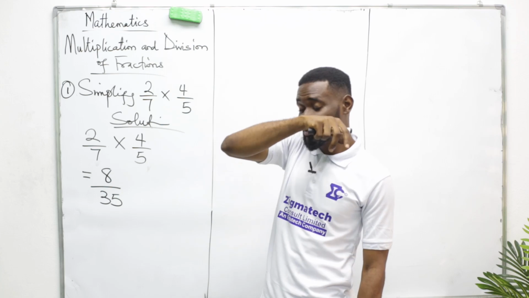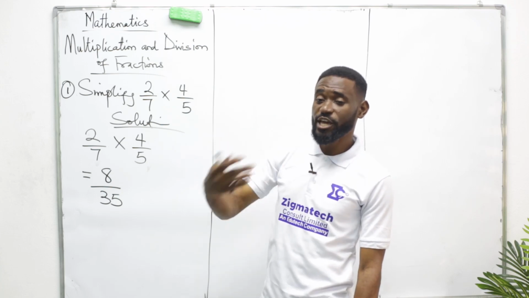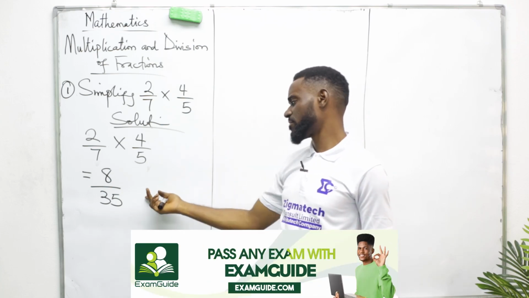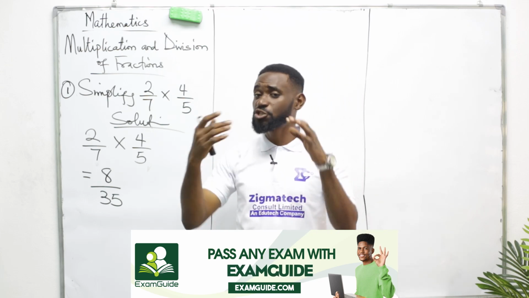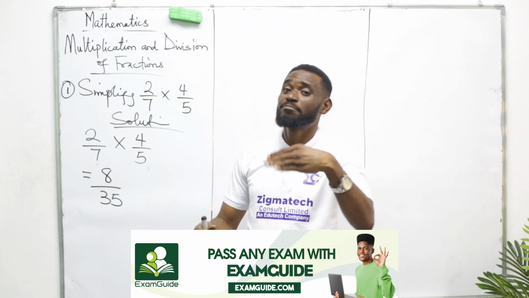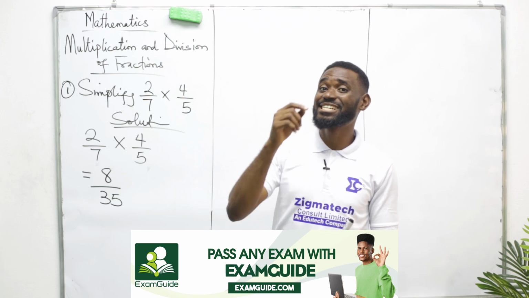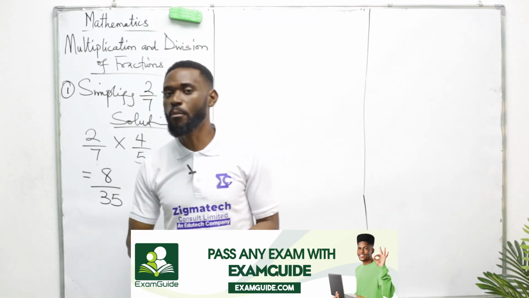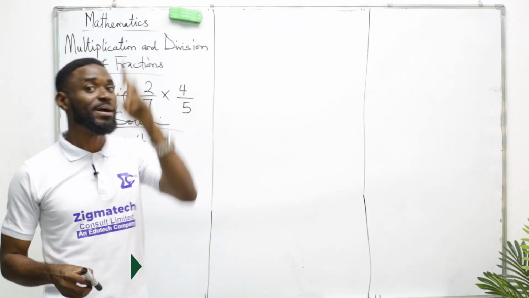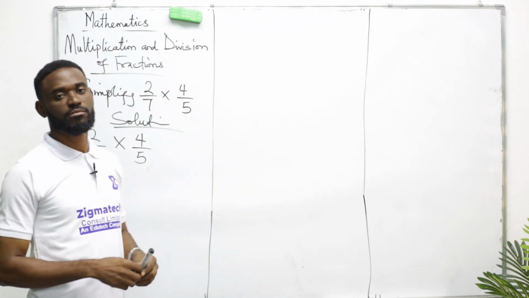Now, we now said that then keep your answer in its simplest form. Now you ask yourself, a fraction is in its simplest form when there is no factor common to the numerator and the denominator.